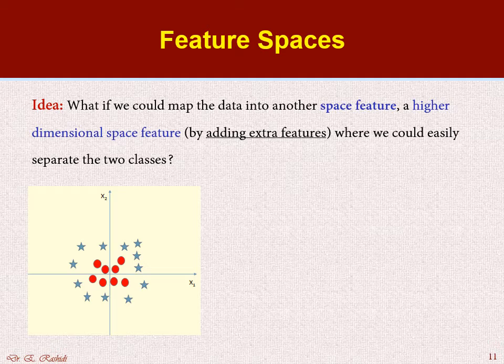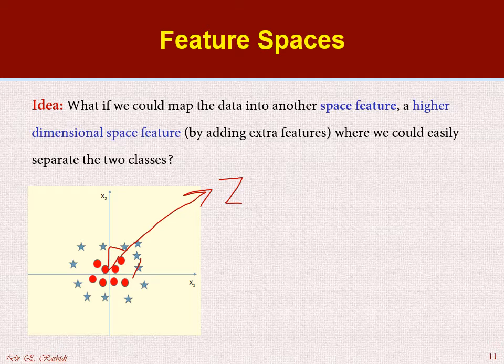But what if we could add a third dimension here? For example, suppose this is Z and it is perpendicular to the other two dimensions, x1 and x2. Then we would lift the stars to a higher dimension in terms of Z, and we would keep the red circles in the same space that they are.